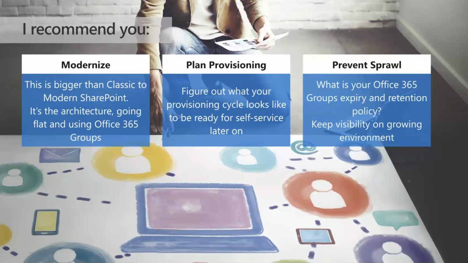Because if you disable self-service, people will start going to Dropbox or Slack. They'll bypass you to get what they need because now the internet provides these services. Prevent sprawl by making sure you have an expiration policy and retention policies. You don't want your Office 365 to keep growing with people creating team sites in Microsoft Teams, because then we can't find what we're looking for.